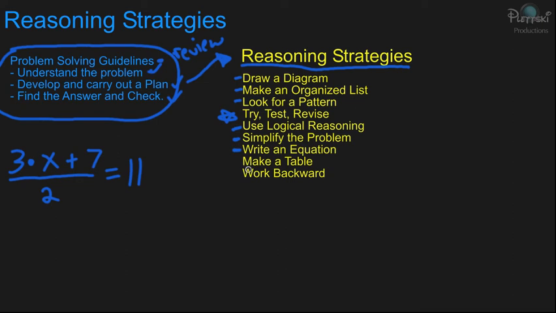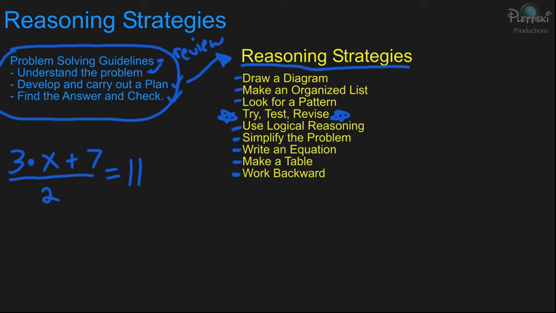A lot of our word problems give you enough information to where you can write an equation and solve it that way. You could make a table, or you can start with the answer and work your way backward. Sometimes it's easier to start with what you want for the answer and work your way backwards to figure out what the solution is going to be. Okay, but to look at this one, try, test, and revise.